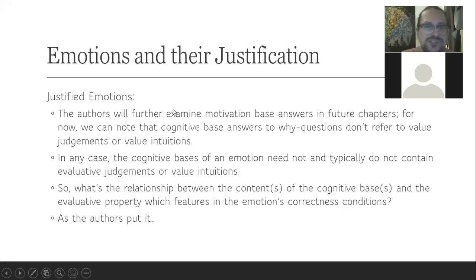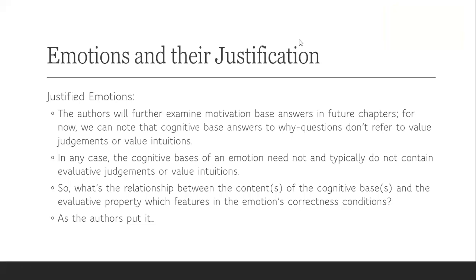Anyway, justified emotions. All right, now we're finally getting to the good stuff. They'll examine motivational based answers later, I think in the next chapter. But we can note that we've already seen from our discussion on value judgments and value intuitions that cognitive based answers to these why questions don't refer to either of these things.